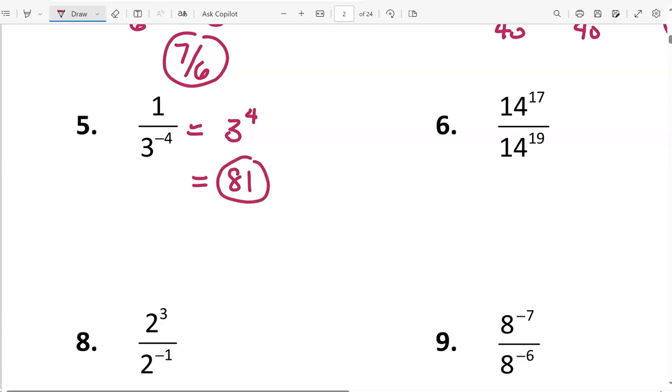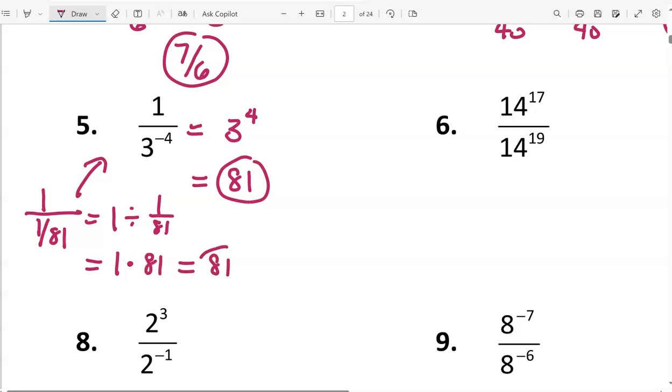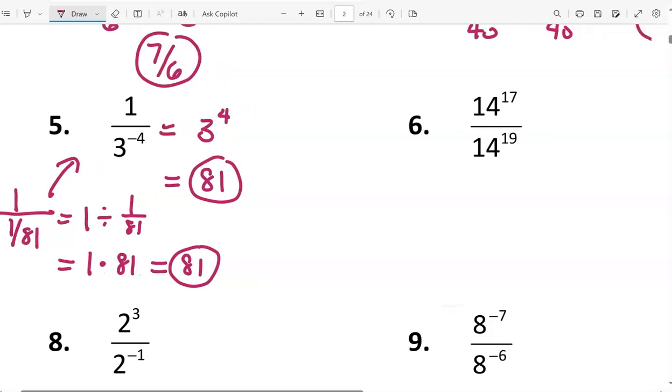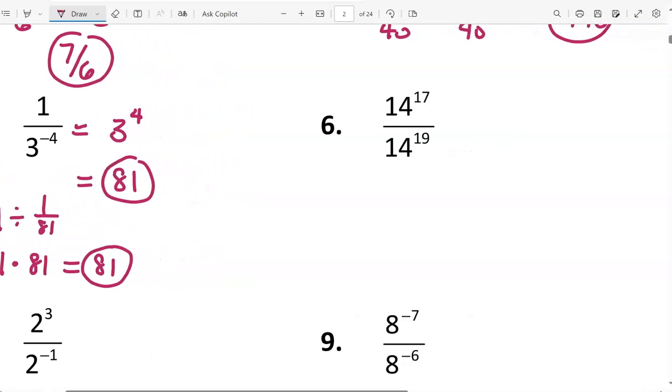Another possible way to evaluate this one is to rewrite it as 1 divided by 1/81st, written with a different division symbol. And we know how to divide fractions. Simply multiply by the reciprocal, and that'll give us a result of 81 as well. So there are 2 ways to evaluate that expression.